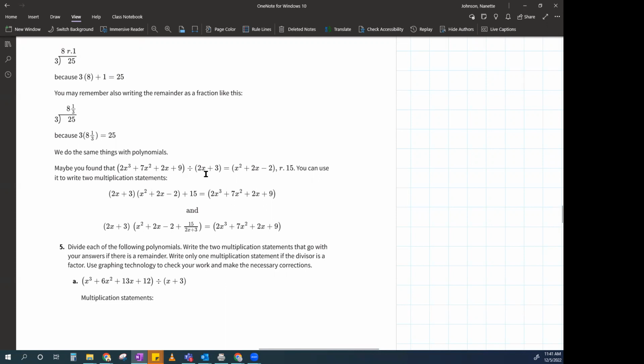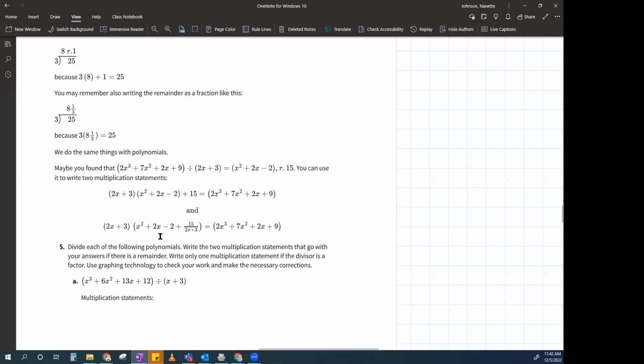Here's your divisor. Look where this is. This is your answer. You multiply those 2 and then you add your remainder and you get back to your original function. When I was showing you how to check it before, it's really easy when it's a factor. When it's not a factor, it's not that different. You just have to remember that 15 right here.